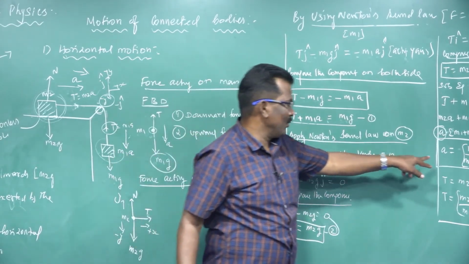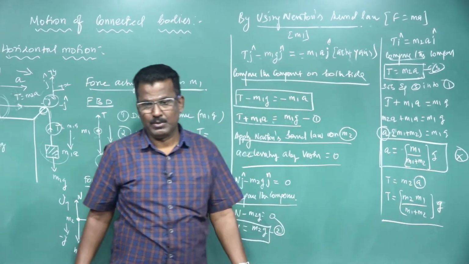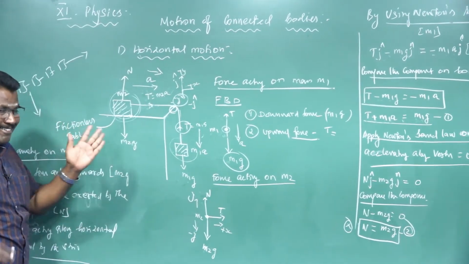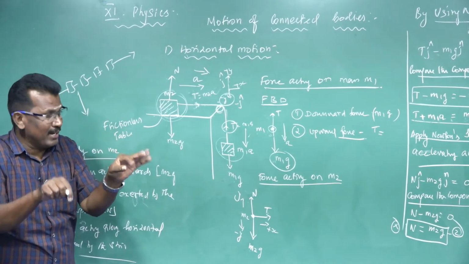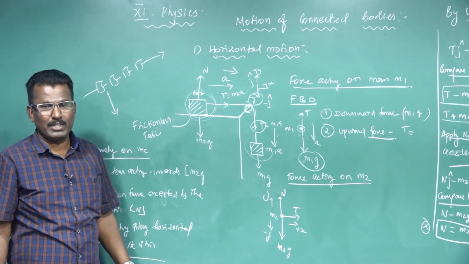Acceleration a is equal to m1 divided by m1 plus m2 into g. So for any bodies connected by means of the string, not contact, the acceleration and tension are calculated by using the formula.